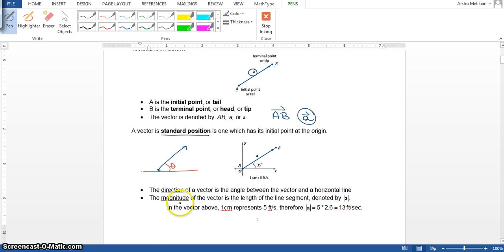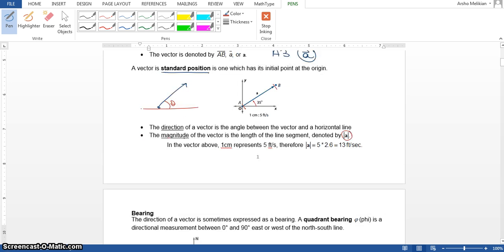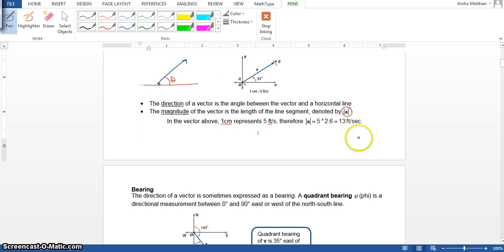The magnitude is physically the length of this arrow. So it's the length of the line segment, and we give magnitude by absolute value of A. In shorthand, it would be A in absolute value bars. Now, in this case, you have a scale given.